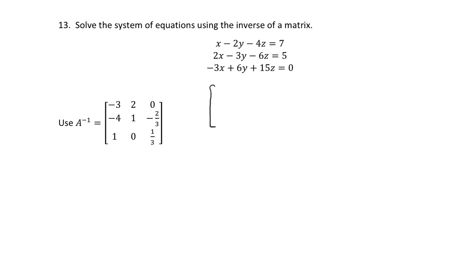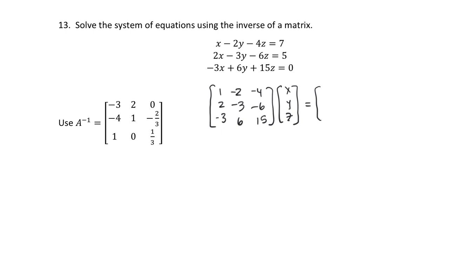First, we create the matrix equation. So that is a coefficient matrix multiplied by a variable matrix is equal to 750, one single column matrix. Now, in order to get this XYZ column matrix isolated, we need to get rid of this matrix. And that's where this inverse comes in.